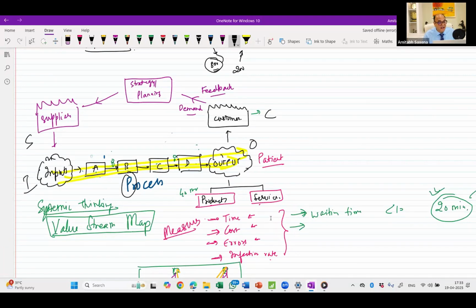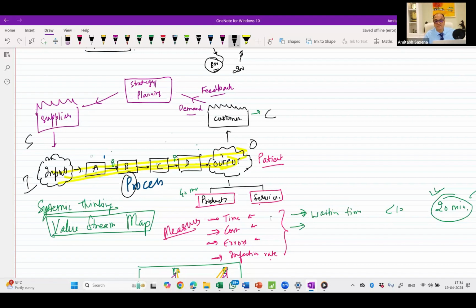Your errors are high, not because your people are not good or they want to commit mistakes. No employee wants to commit a mistake. Think of a hospital where you have, let's say, 200 employees. They don't have a target that today we'll commit 50 mistakes. But by the end of the day, they commit 50 mistakes, typically 50 plus or minus 10.